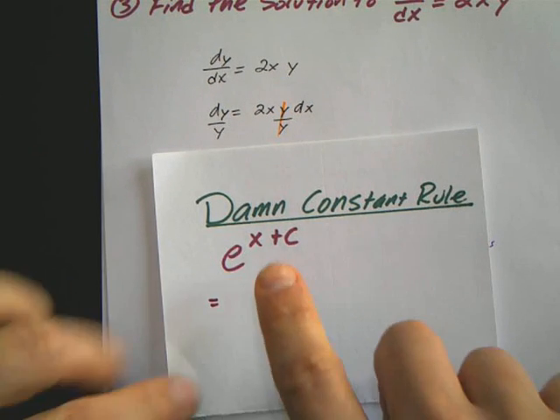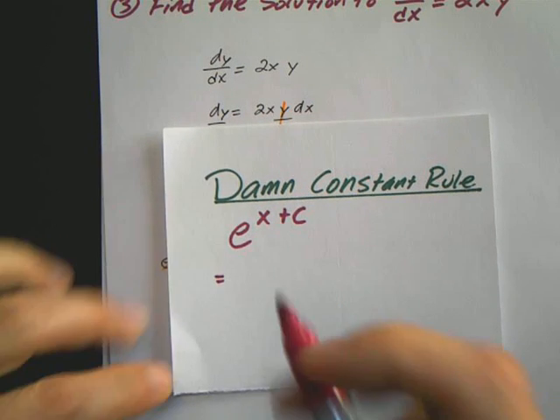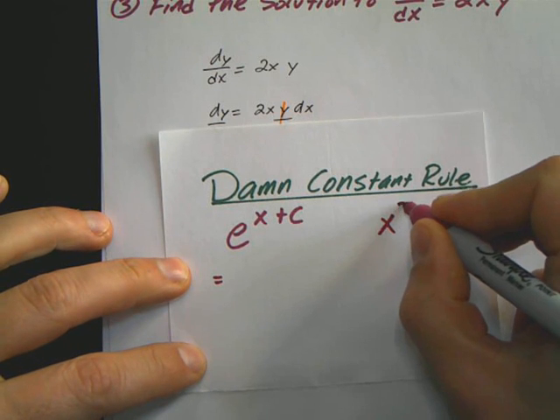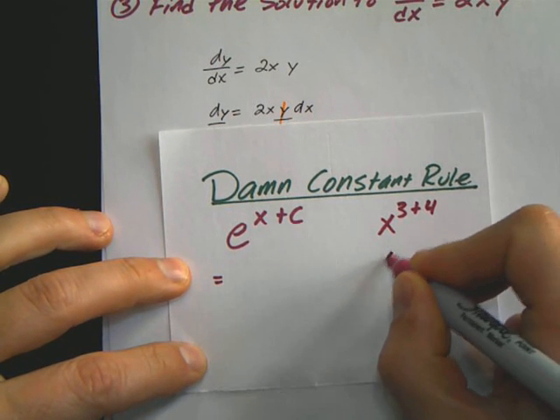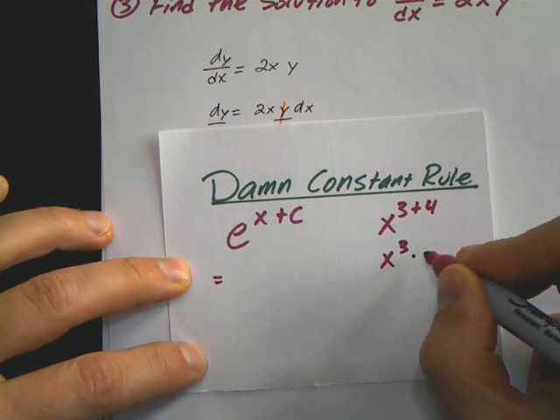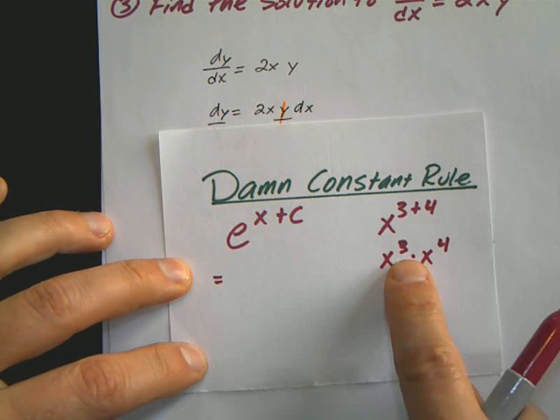If you're adding inside the exponents, the exponent property basically says that if you're multiplying with the same base, you would add exponents.